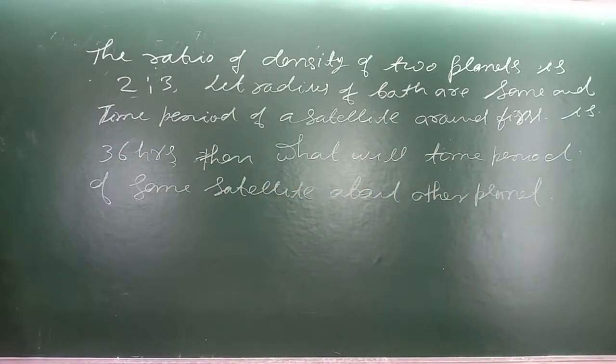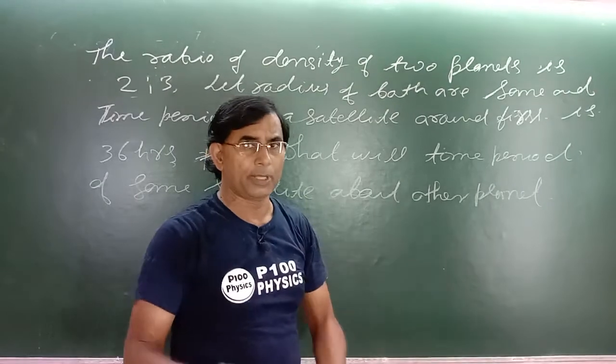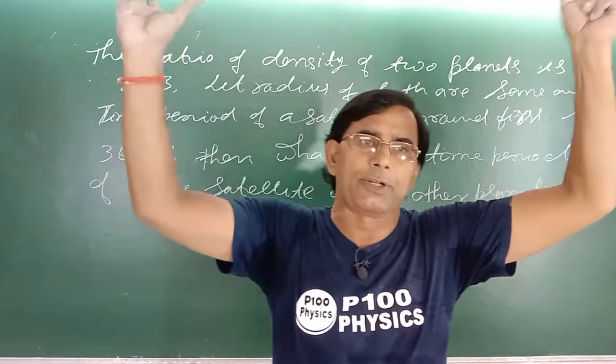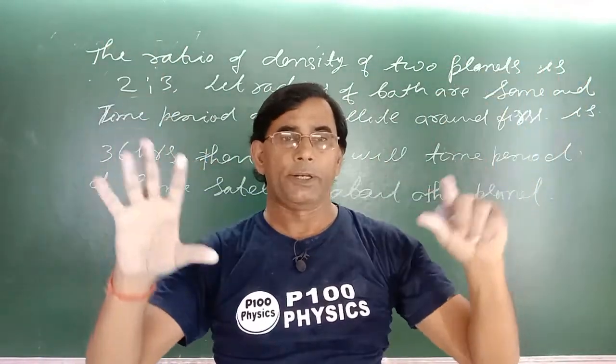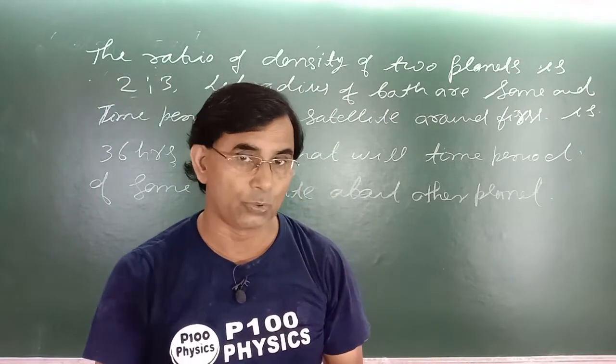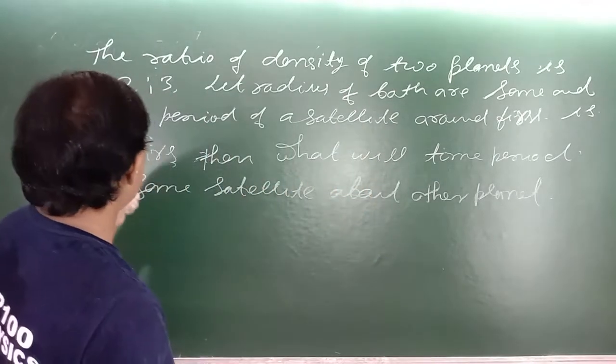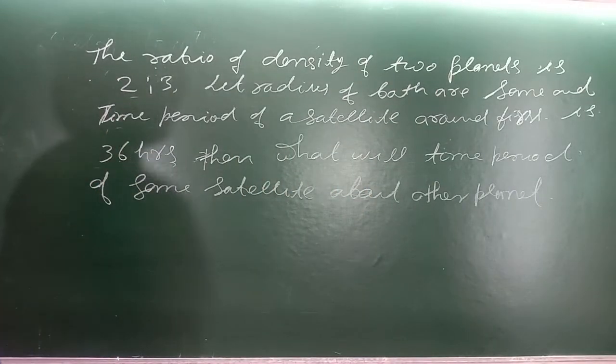Okay, most important. It is given a question that the ratio of the density of two planets, any two different planets having the same radius, is 2:3.